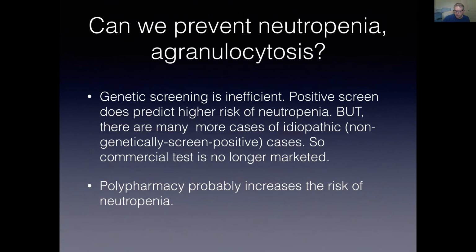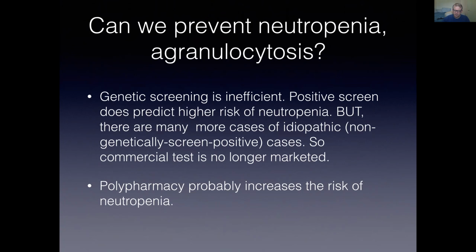The problem was that a whole lot of neutropenias happened in cases that were negative for the antibody. So the antibody test had high specificity, but low sensitivity. And in the end, it was abandoned and the test is taken off the market. So genetic testing doesn't really do a lot of good prospectively for clinicians to identify at-risk people.